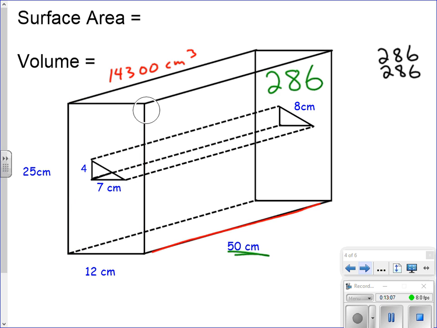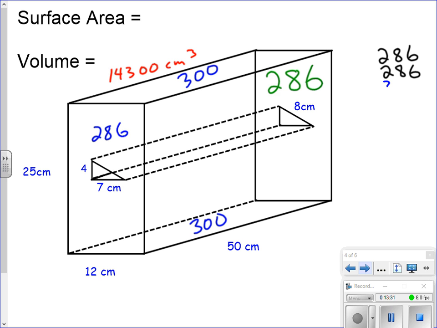Don't need that anymore. So I might as well write that in there, 286. I have a bottom panel, which is 12 by 50. 12 times 50 is 300. Write that in. Top is going to be 300.